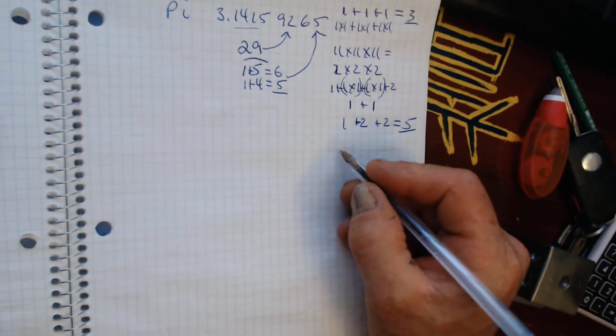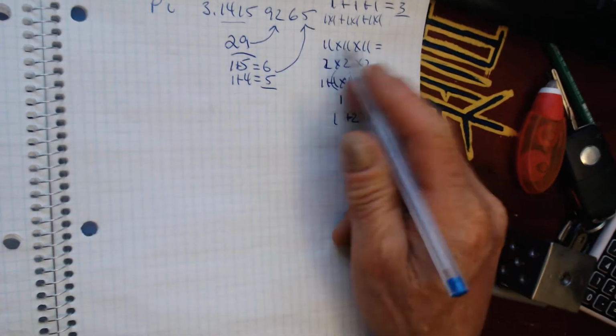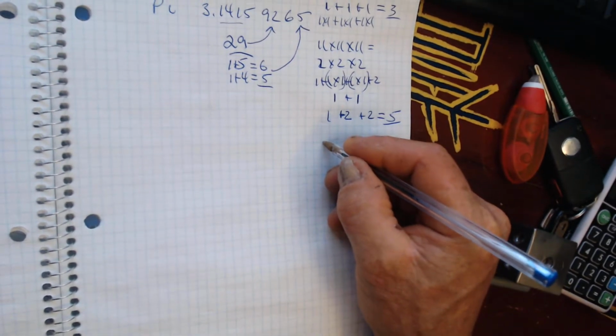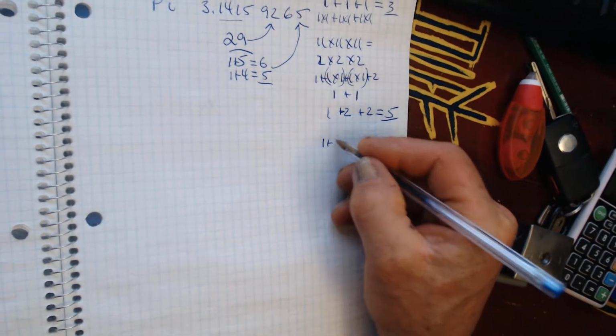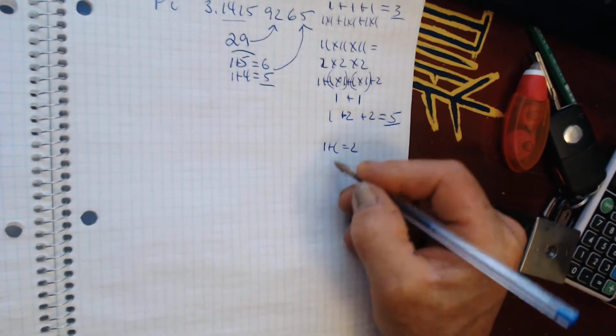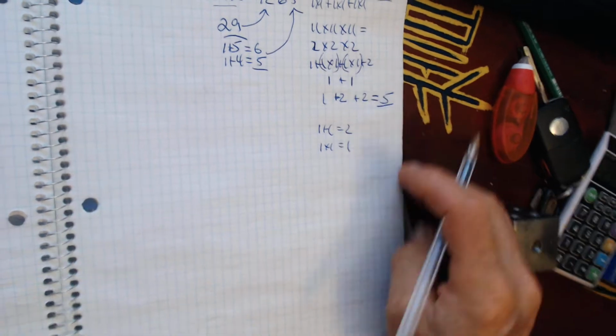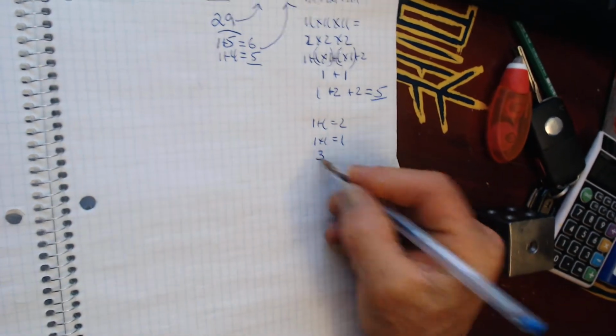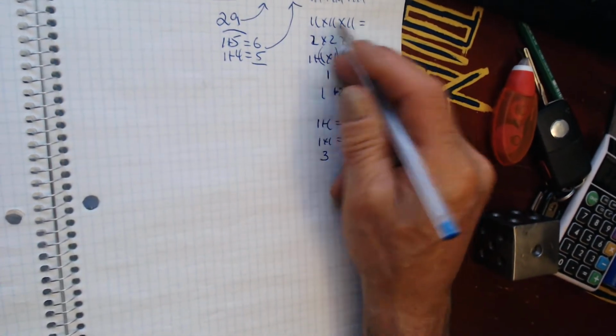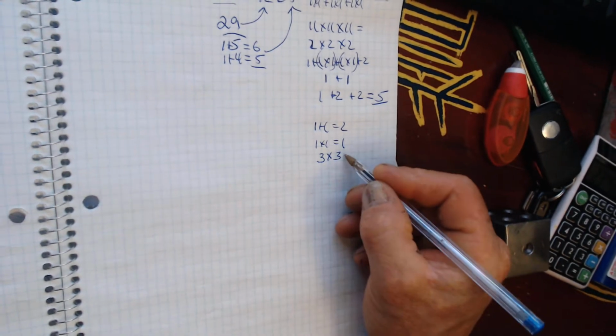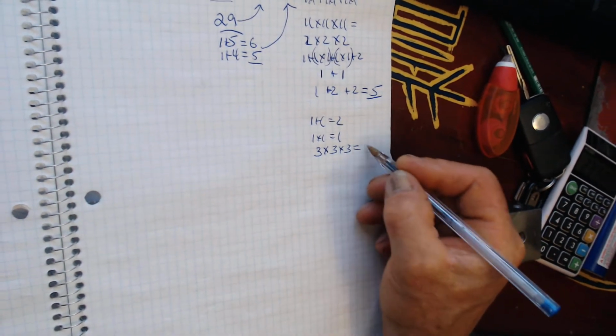So now when you go, you take the 1 plus 1 equals 2, and then 1 times 1 equals 1, okay, and the total is 3. And you'll use it for all 3 of these rows. So it's 3 times 3 times 3 equals 27.